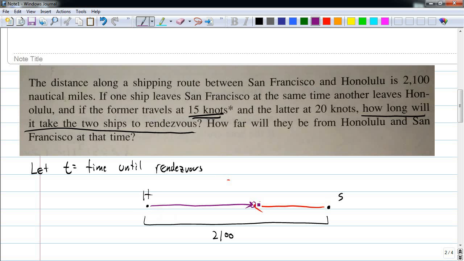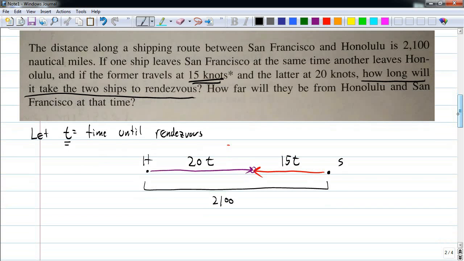So how far did the ship from Honolulu travel if it travels t time? Well, its rate is 20 knots, so the distance, the amount it traveled, is 20 times t. The ship leaving San Francisco traveled 15t distance, and they met in the middle.